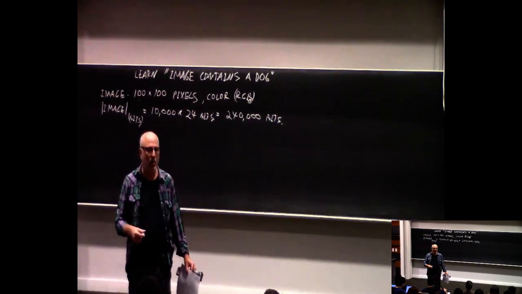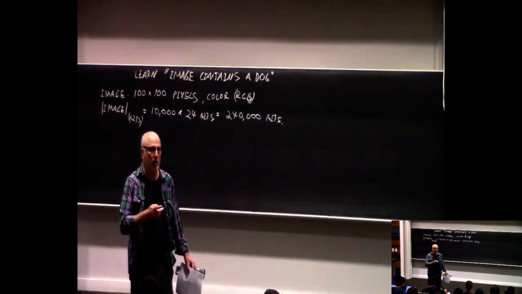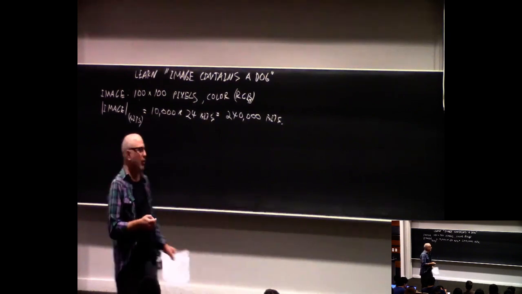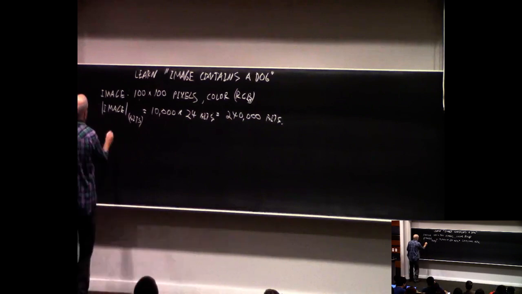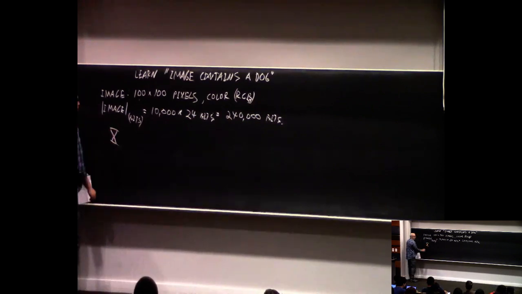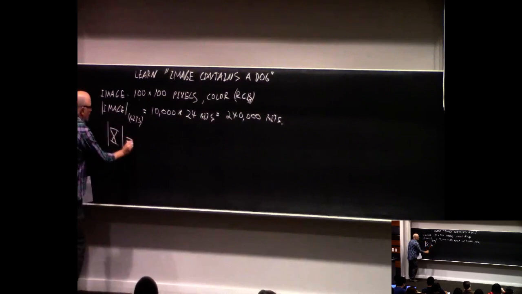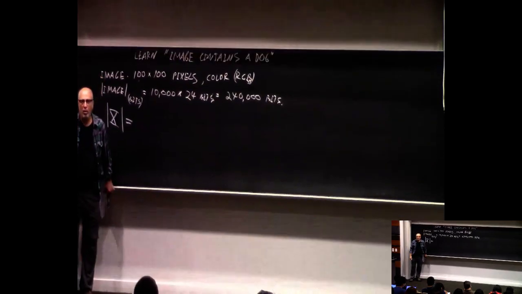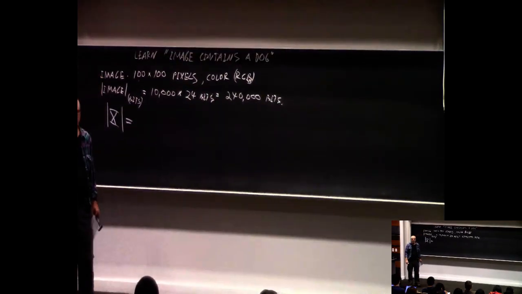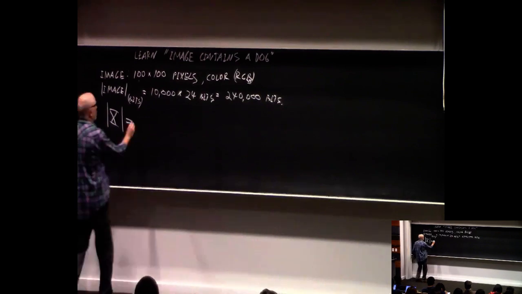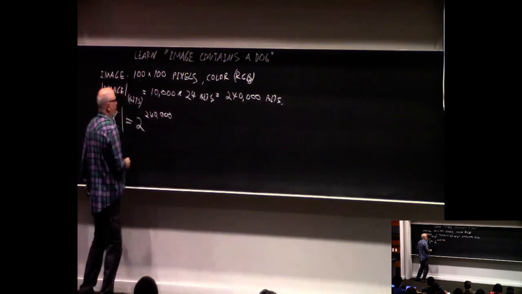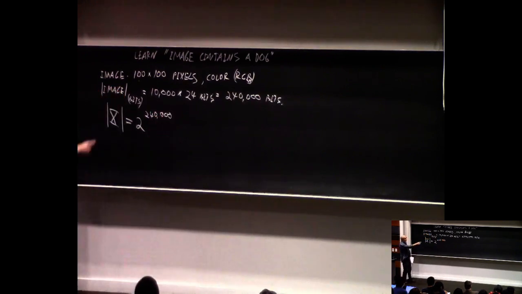What is the input space to our problem? The input space is the space of all possible images. How many images are there? The input space is 2 to the 240,000. That's even larger than that number.